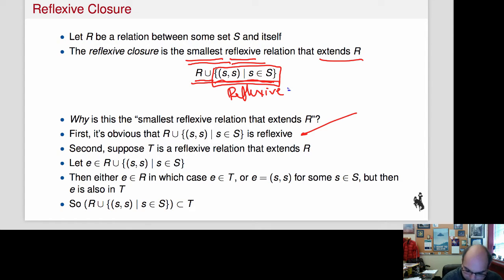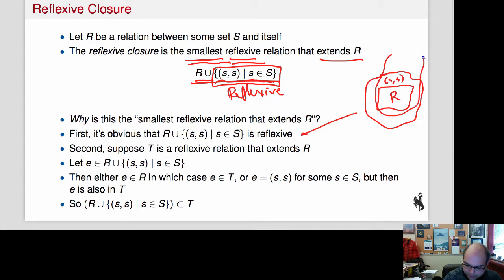Here's the approach. I'm going to have this thing, which I'm going to call R, and I'm making it bigger, because I've added all the (s, s) tuples. So now I have something that's bigger than R. Now, let's suppose that I find something else, like here, and this also extends R, and it's reflexive.